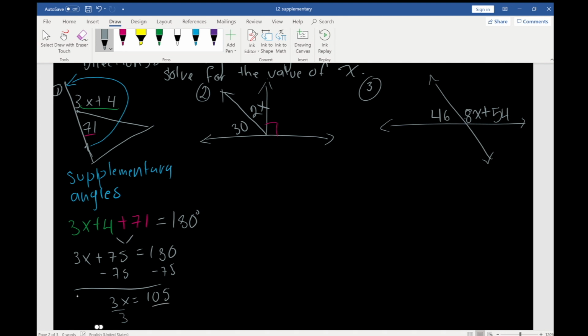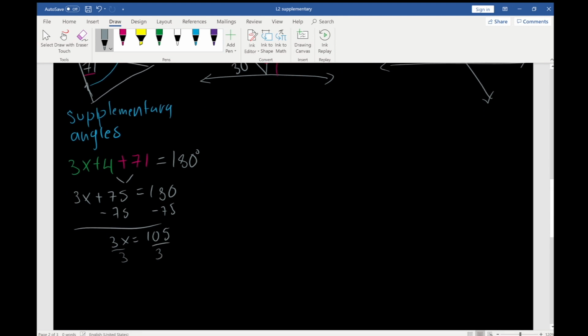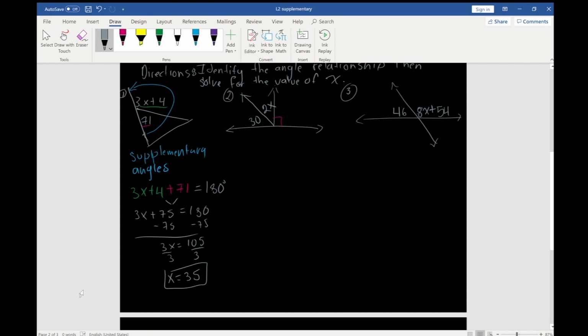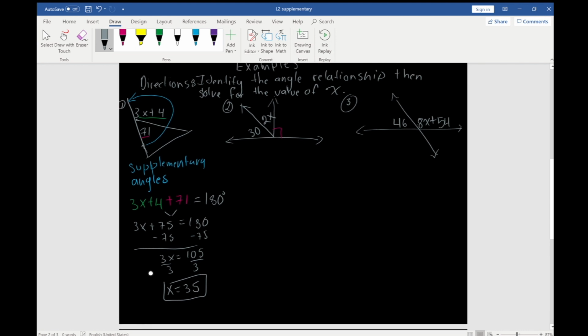Dividing both sides by 3 gives us our final answer of x is equal to 35. So recap. We first find the angle relationship, which we identified as being supplementary because they make a straight line over here. And then we use that definition. Supplementary angles add up to 180 degrees.